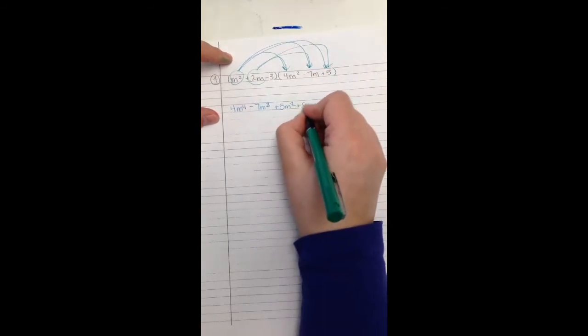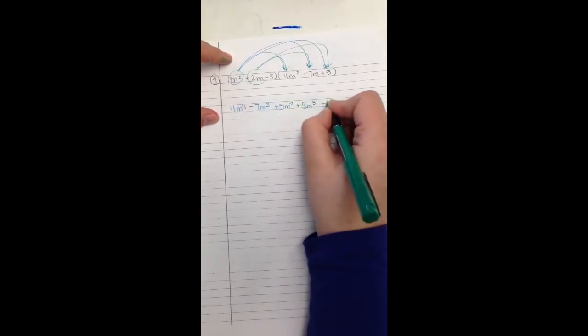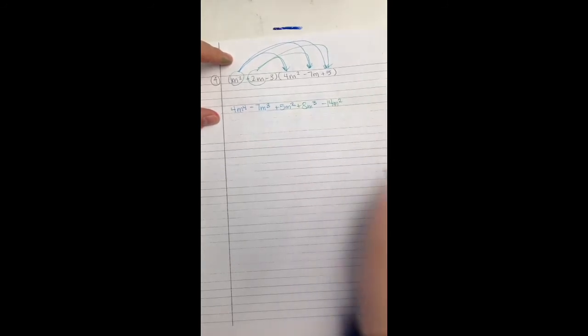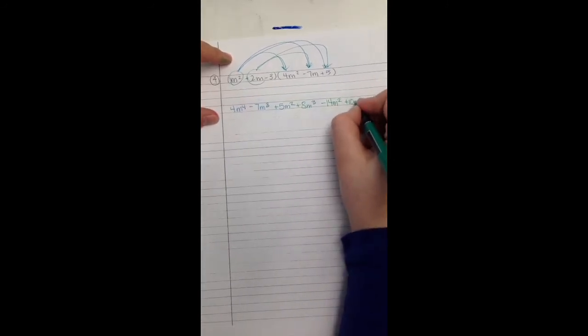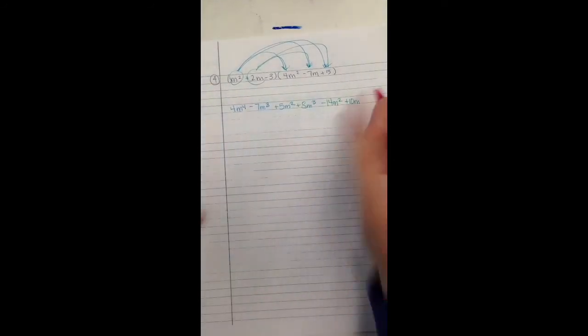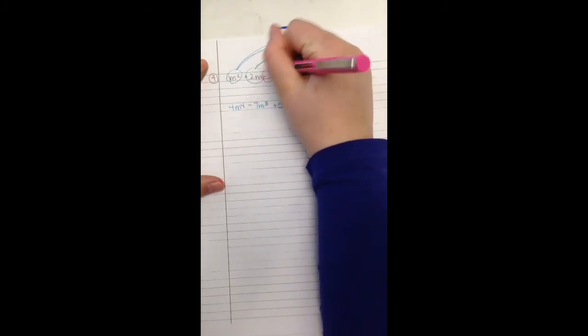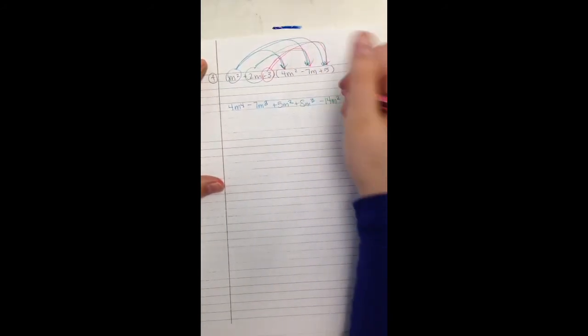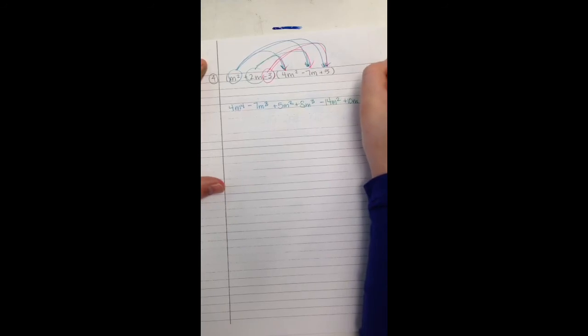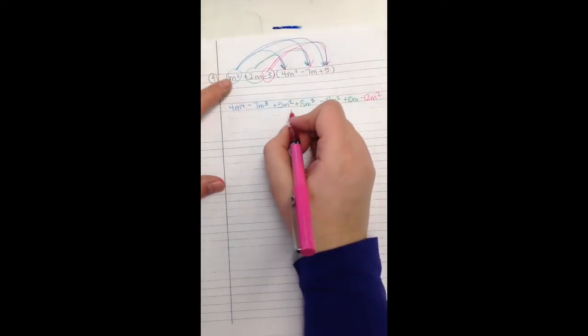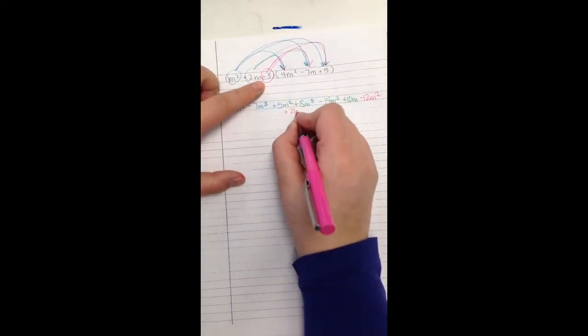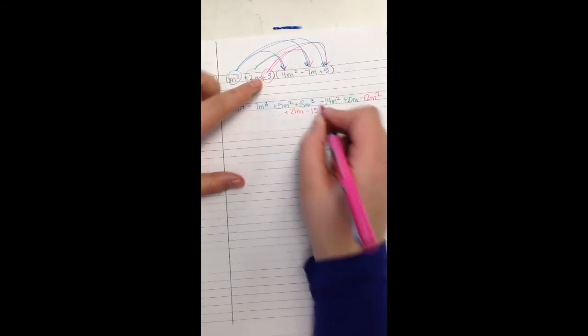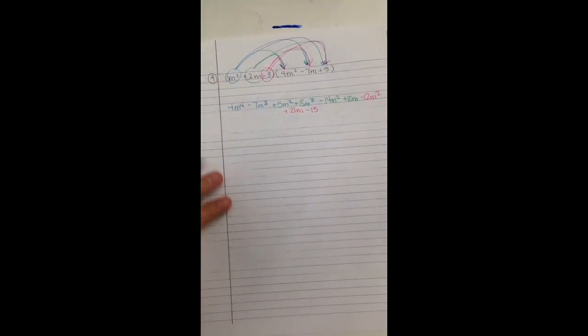Okay, plus 8m cubed minus 14m squared plus 10m. Then I take that negative 3, multiply by each term. I get negative 12m squared. I'm going to have to come down here, I'm out of room. Plus 21m minus 15. Let's go ahead and combine like terms.